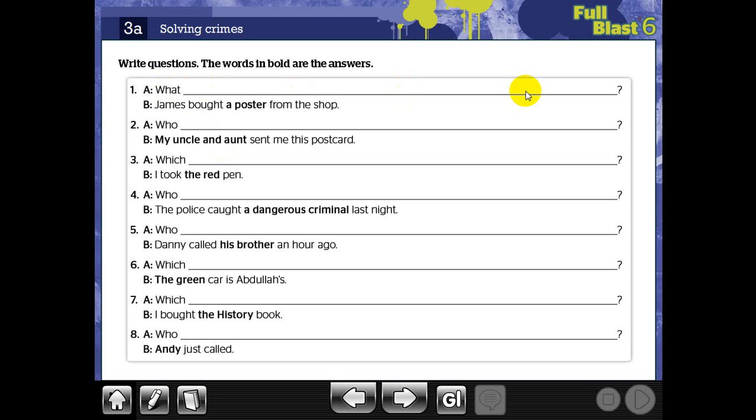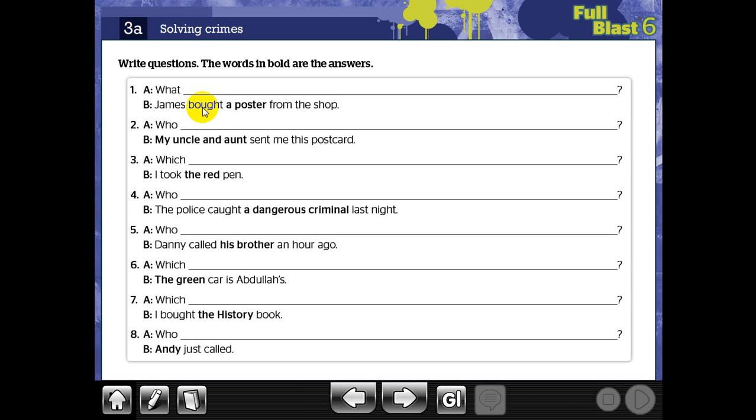What? James bought a poster from the shop. Here a poster is subject or object? Is object. So first I omit it. Then I begin with the WH word, what. After that I come with the helping or auxiliary verb. Here the tense is past, so I should use did.